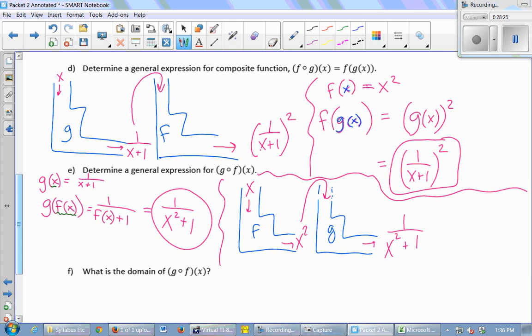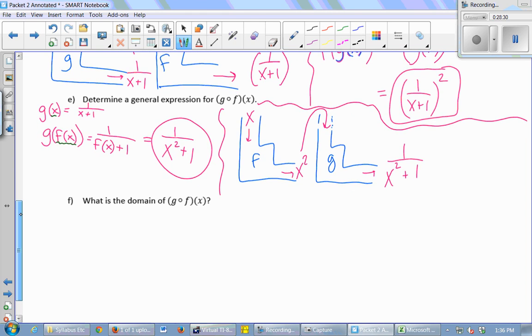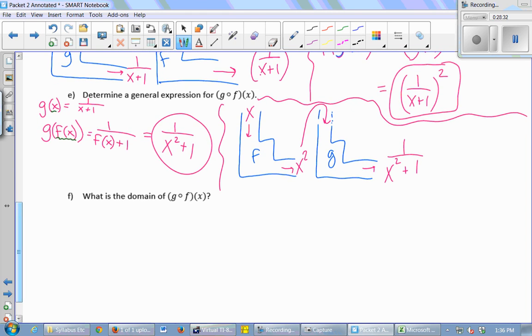With finding the domain of g composed with f, I always draw pictures. No matter how many times I've done this, I draw the pictures. So I look at my pictures, f and g running in succession, and I ask: do I have any restrictions on the f machine? Is there anything that would make that machine jam? No, I'm just squaring. Whatever I put in, I'm squaring.